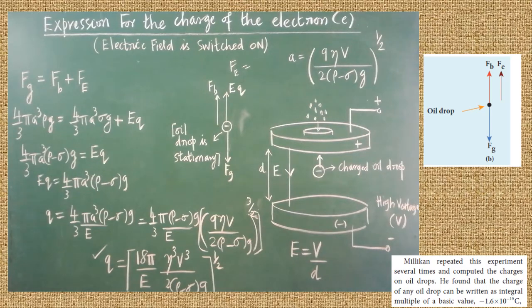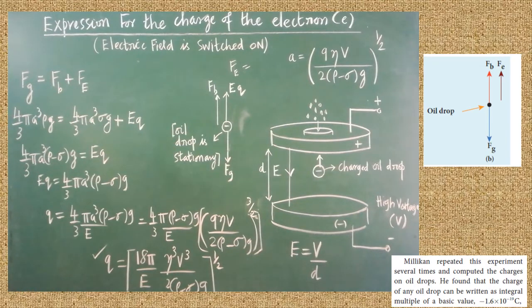Here the thing is, this experiment has to be repeated several times. Millikan repeated the experiment several times, and the result obtained each time was tabulated by Millikan. While comparing the values of Q obtained each time, he found that a particular value was the least value.